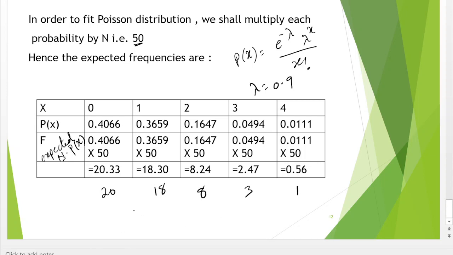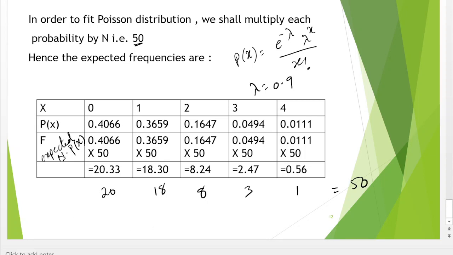Let me check it. So the total is equal to 50.